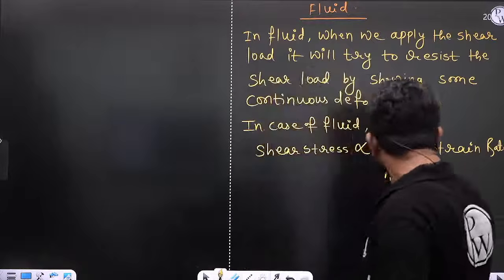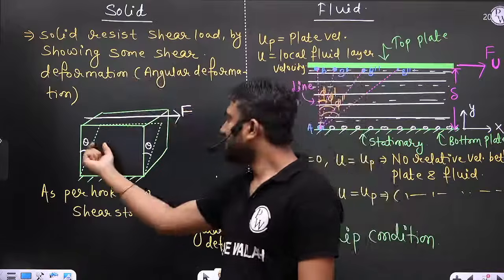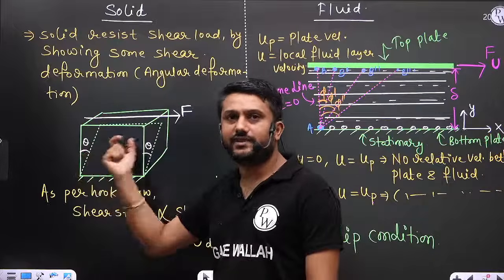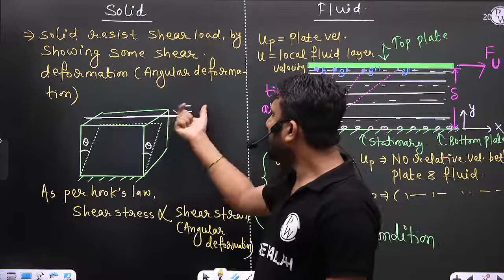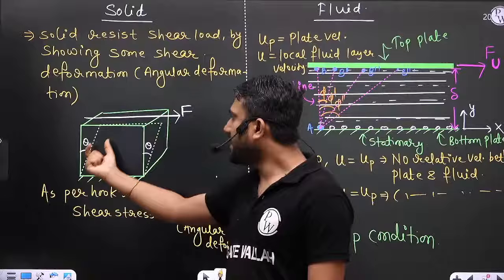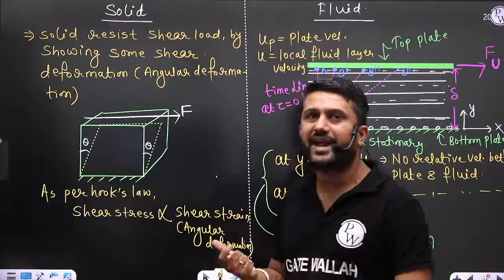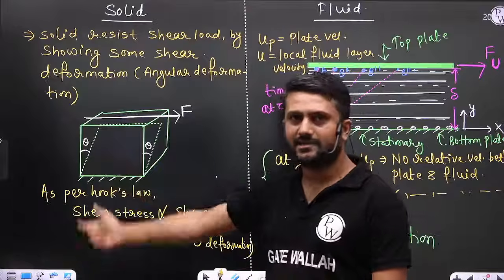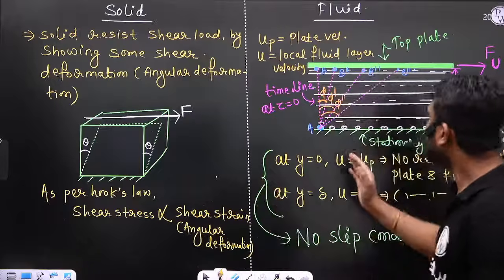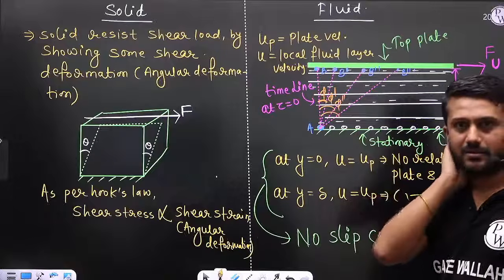In case of solid, when you apply the shear load, this theta is not changing with respect to time. Corresponding to a particular value of the F, this theta is unique and constant. When you change the F, then this theta will change. But here this theta is continuously changing with respect to time.